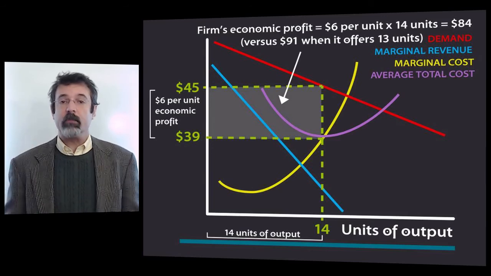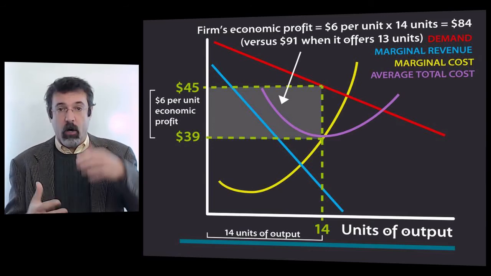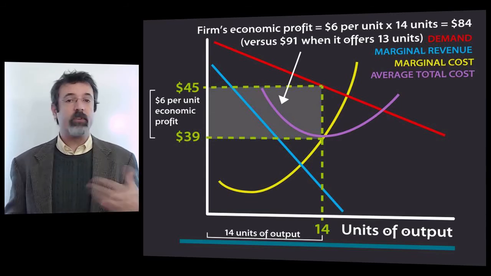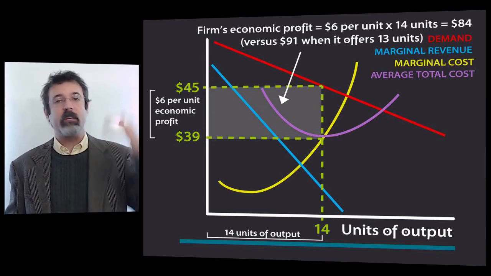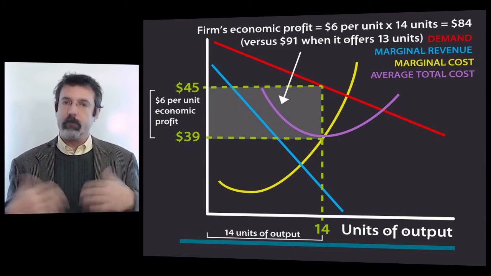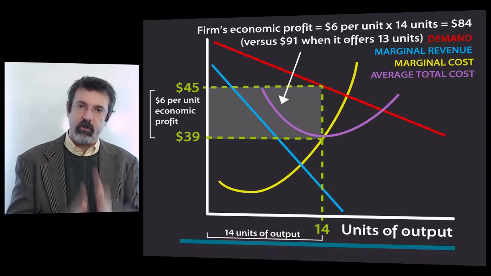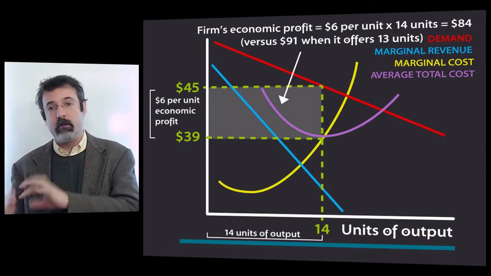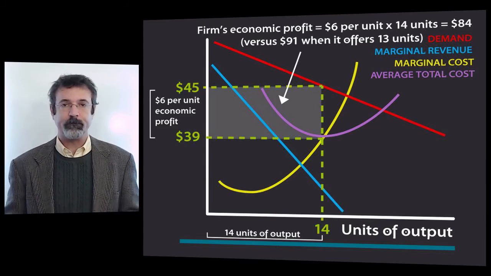It turns out that what the monopoly saves on cost by increasing its output and becoming more efficient, it more than loses in lost revenue because now the monopoly has to charge a lower price. So in total, the monopoly is actually better off producing the 13 units and producing inefficiently than it is producing 14 units and producing efficiently.